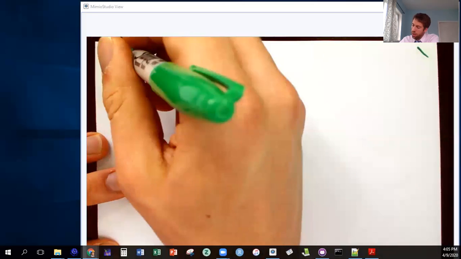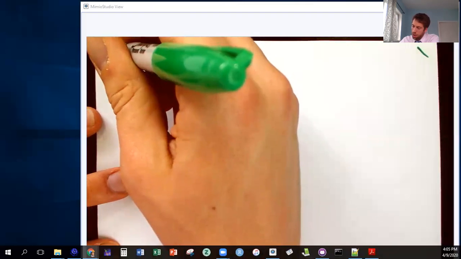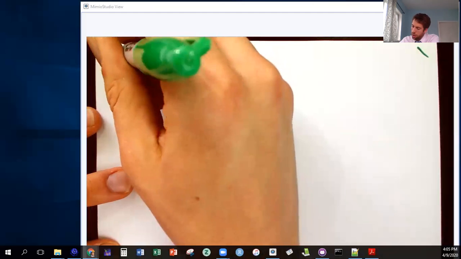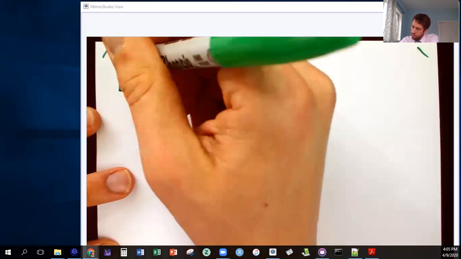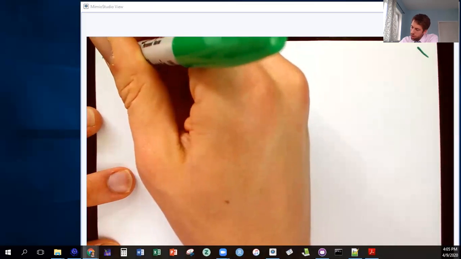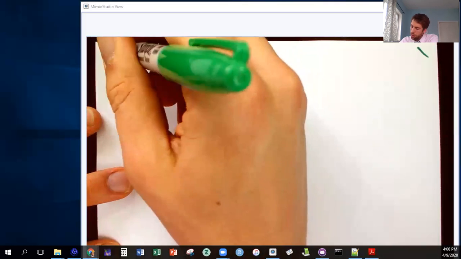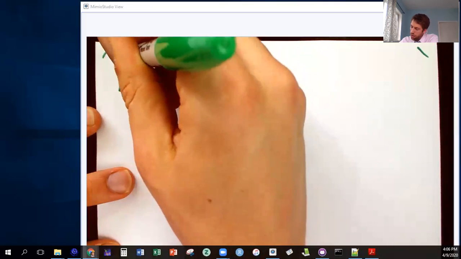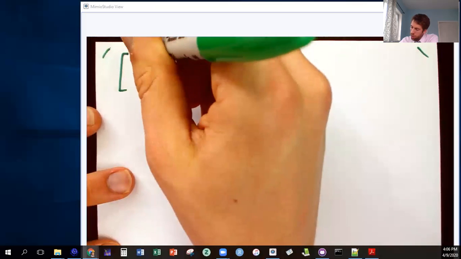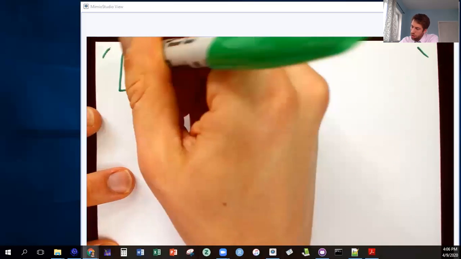Okay, and so then here, I'm going to multiply top and bottom by 5. And so multiplying this one by 5 gives me negative square root of 5 minus square root of 5 over 10.